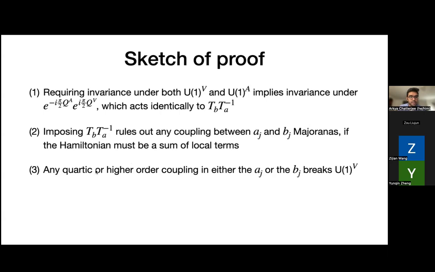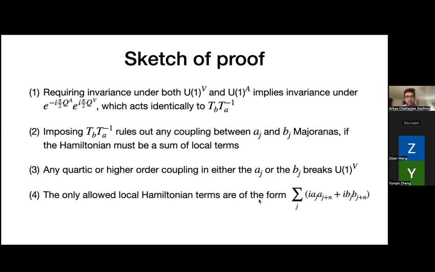So the next step is to ask what kind of couplings that are only between the A's and only between the B's are allowed. And it turns out that any quartic or higher order couplings would break the vector symmetry. And so the only allowed terms are of this form, where n is some finite order 1 number.